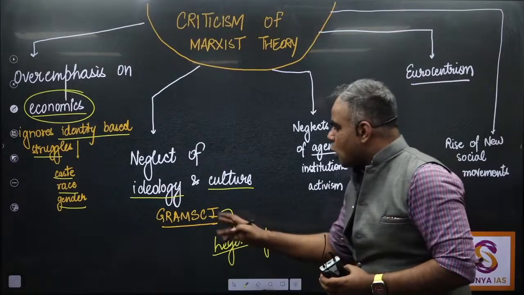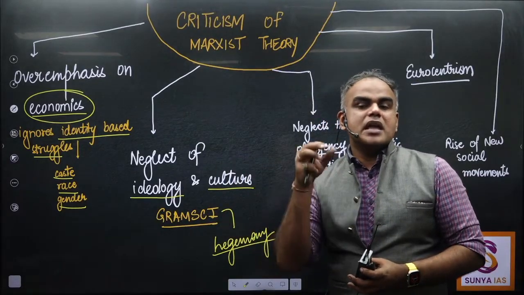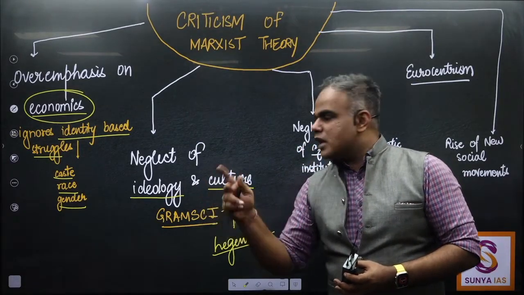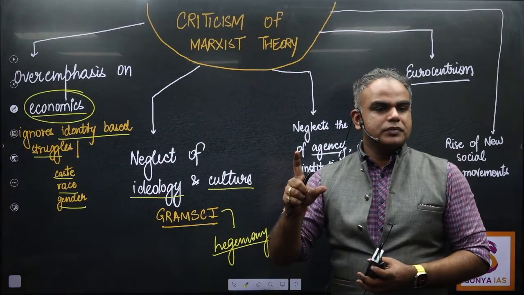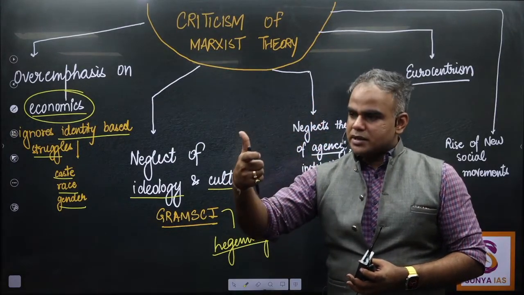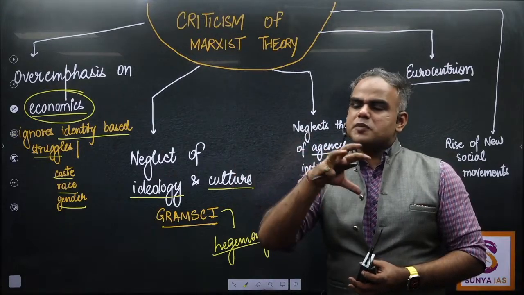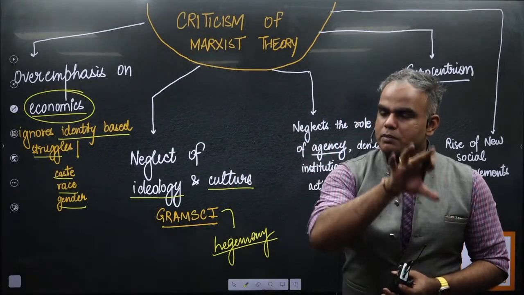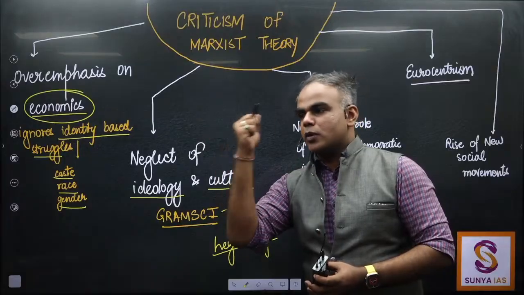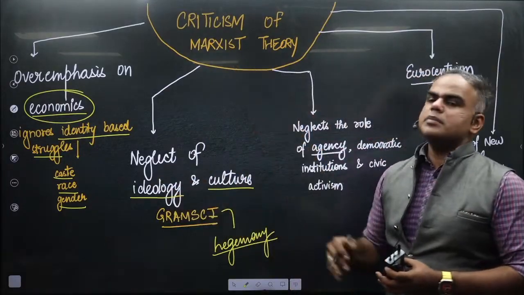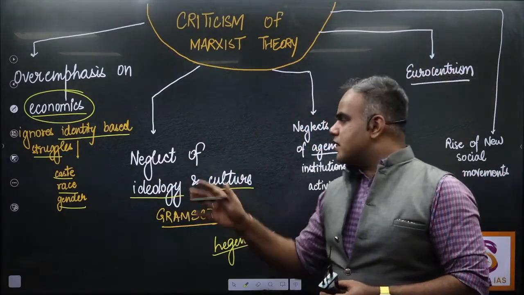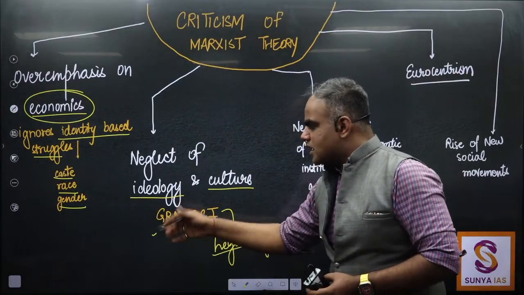They have organic intellectuals, they have traditional intellectuals, they rule through hegemony. Hegemony in that case is soft power. Normally power is with respect to coercion, force, but soft power is you rule the minds. Okay, so that is again a strong criticism of the Marxist theory of state, given by post-Marxist scholars.